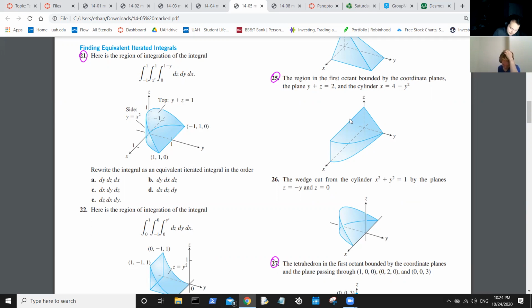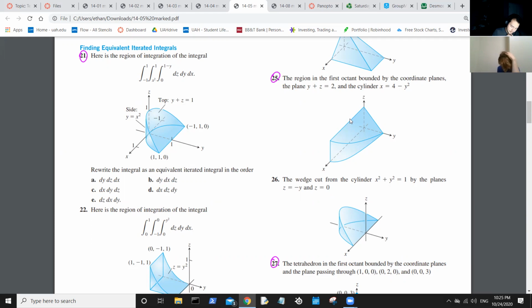Integrating that with respect to x, you'll get 2x minus yx, plug in your numbers, and you'll get 8 minus 2y squared minus 4y plus y cubed, from 2 to 0.